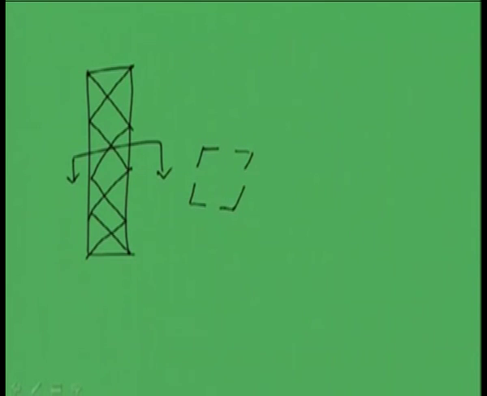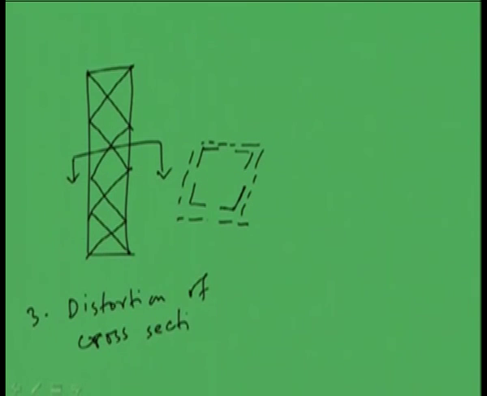So, this will look like this. Now, if we lace together, the cross section will look like this. So, this is number 3, distortion of cross section. This is one type of failure.